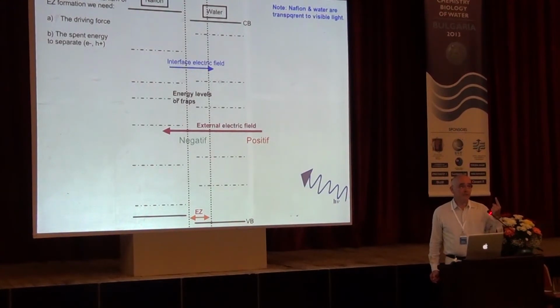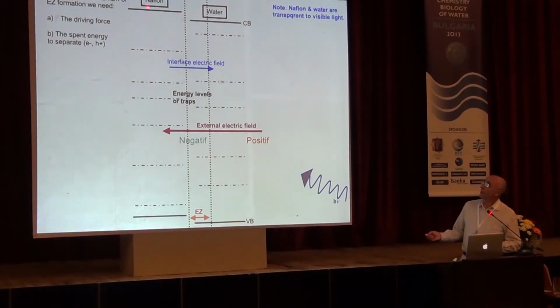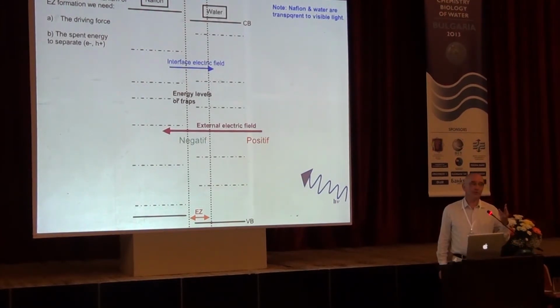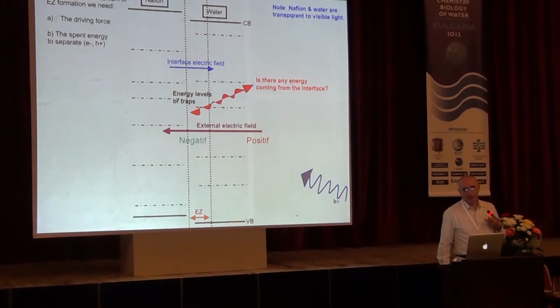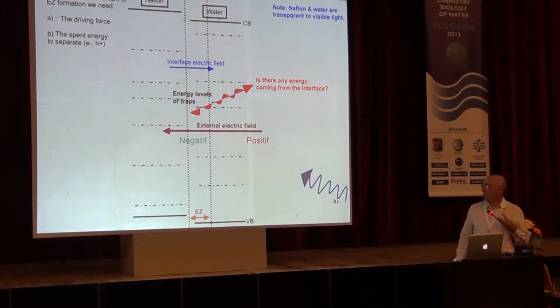And it may be material A, material B, material C. Three systems. It's not so easy to work with three systems. So, another thing we should look for, when we are shining light, is interface emission.